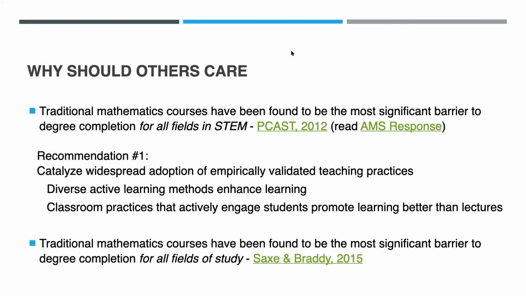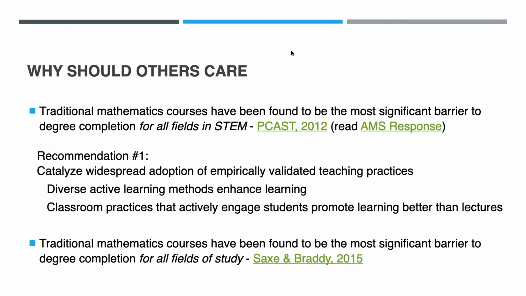And what they said about what we're doing is even more depressing. They say traditional mathematics courses have been found to be the most significant barrier, not just to degree completion in STEM fields, as we already knew from 2012, but to degree completion for all fields of study.